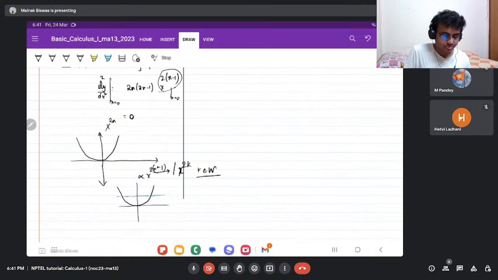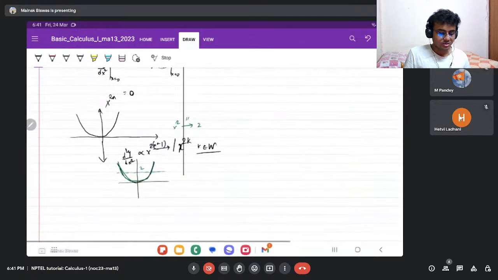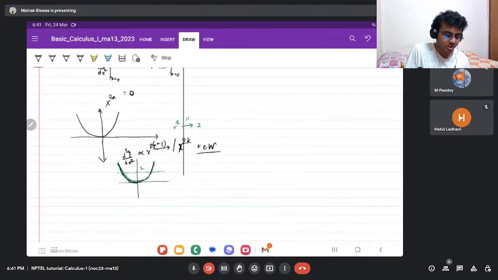For the x squared function, the derivatives give 2x, then just 2. It is an upward opening convex function. Now does d2y/dx2 cross the x-axis? It always remains positive, so there is no point of inflection. You only have a horizontal tangent.